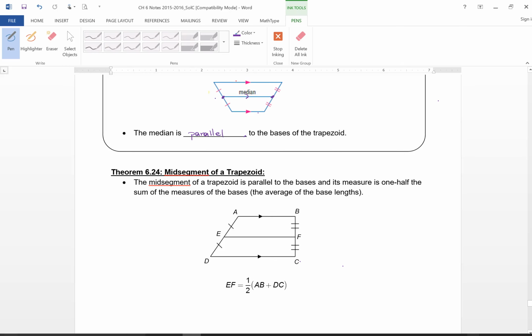Can I show you here? Hang on, let me plug this in. The trapezoid that you just did the median stuff with. Okay, so this word should not be mid-segment, it should be median. And this one too.